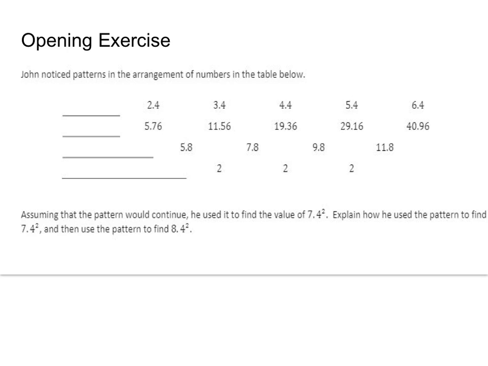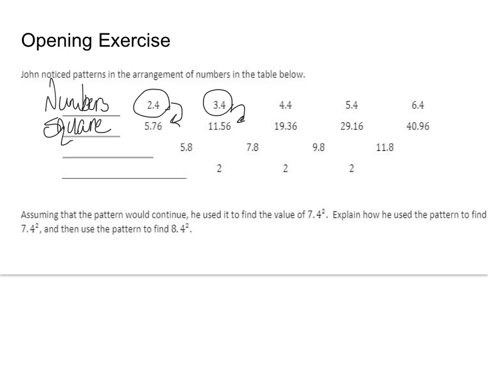Okay, if you get out your calculator, or if you're really awesome at math with decimals, which some of you are, you can notice 2.4 squared, 3.4 squared. So this first row are just my numbers. The second row is the squares. Then, if I subtract, I've got my first differences.